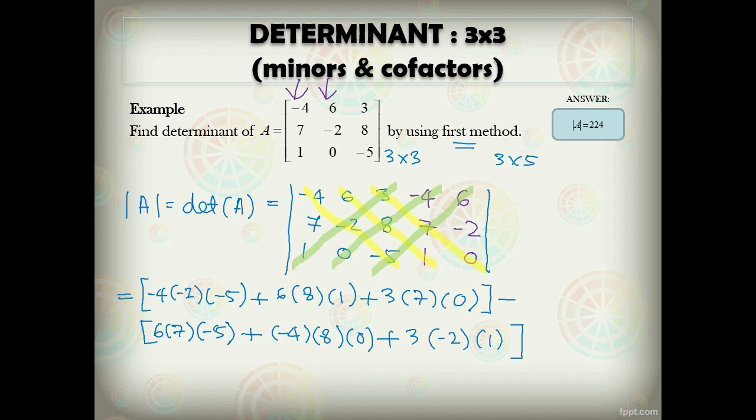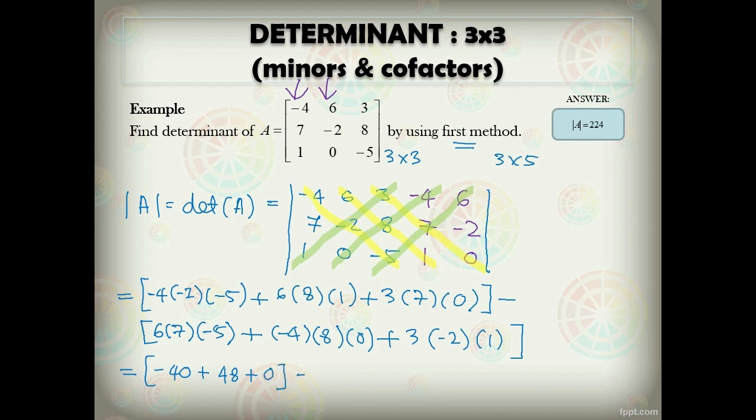You solve one by one all the operations inside the bracket first. 8 times this is minus 40, plus 6 times 8 is 48, plus 0.